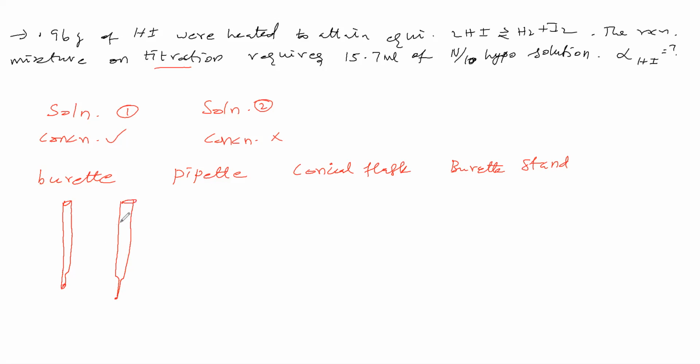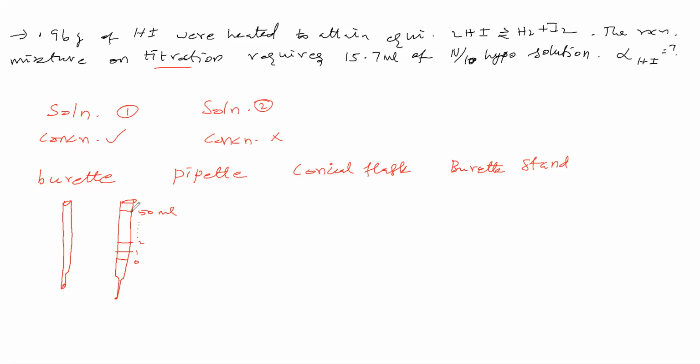In this burette, values will be engraved: first 0 ml, then 1 ml, 2 ml, like this, up to how much? Suppose 50 ml, if it is a 50 ml burette. A 25 ml burette is available, a 10 ml burette is available, depending on the requirement. Whichever you want to take, you take it. In this burette, you take any one of the solutions.